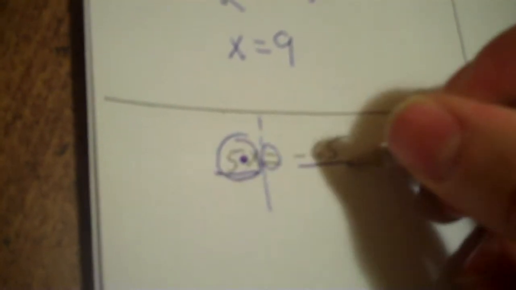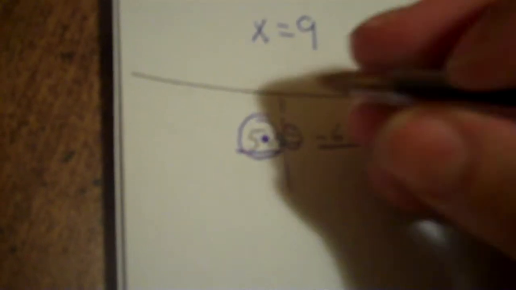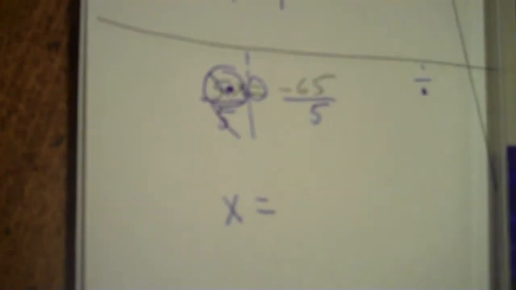To divide in an algebra equation, you underline each side of the equation and you put the number multiplied by X, which in this instance is 5. Now, times 5 and divide by 5 cancels the 5's out, and I now have just X by itself. On the other side, we take negative 65 divided by 5, negative 13.